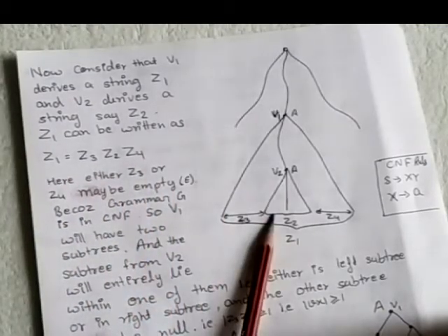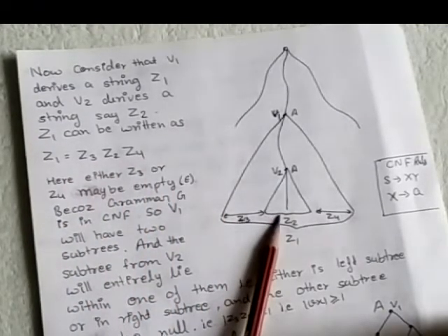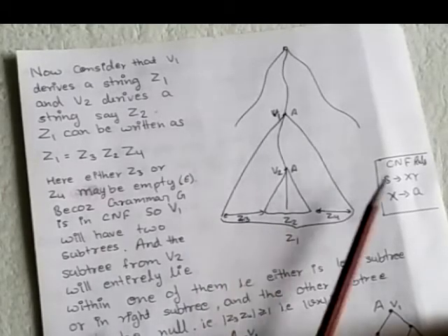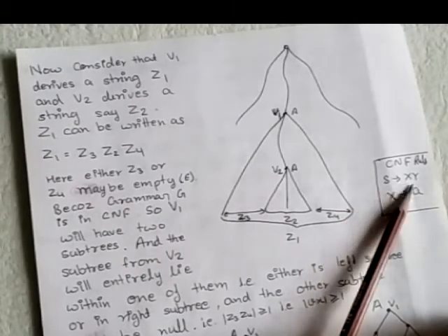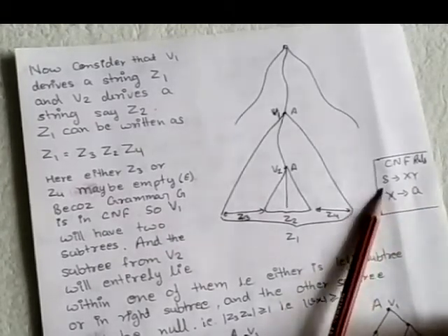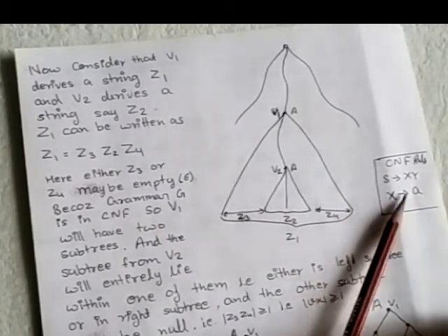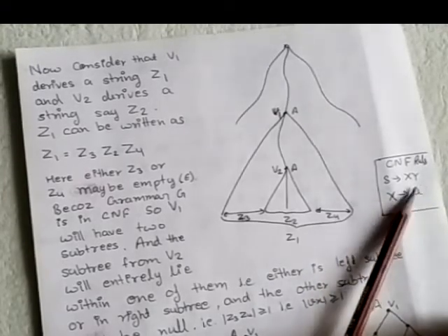Now here we have considered that the grammar is in Chomsky normal form. Chomsky normal form has rules of this type: S tends to XY, meaning at the left hand side a single non-terminal, and at the right hand side two non-terminals.